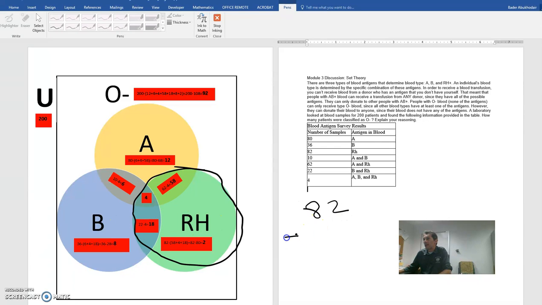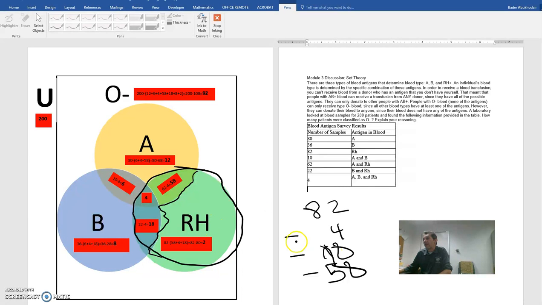So subtracting how many people have all of them, here's 4, then subtracting how many people have the B, which is 18, then subtracting how many people have the A, which is 58. So you're going to subtract from 82: 4, 18, and 58 to reach how many just have exactly RH, which is this part we didn't include yet in our previous knowledge.